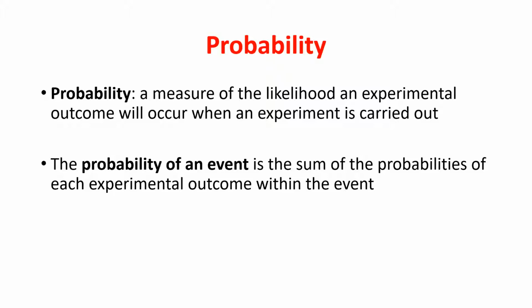If I define the event as seeing either a 2 or a 3, to get the probability of that event, I just add up the probabilities of each possible outcome. The probability I see a 2 is 1/6 plus the probability I see a 3 is 1/6, so the probability I see a 2 or a 3 is 2/6. I just add up the probabilities of the outcomes that are within that event.